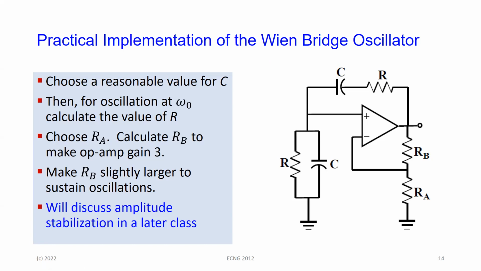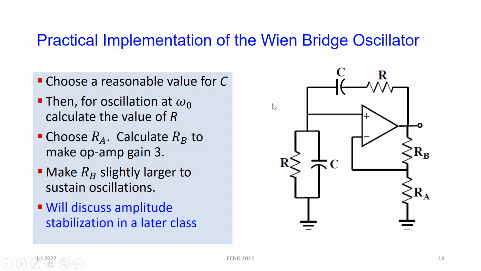And then you also have to show that the phase shift at the particular frequency of oscillation is 0. You need both things to happen. So you need the gain of 1 at the frequency of oscillation, and you need a phase shift to be either 0 or a multiple of 2 pi. And once you can do both things, then the circuit will oscillate at the frequency omega 0.